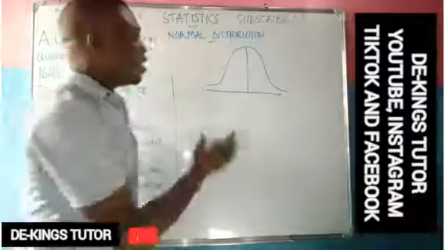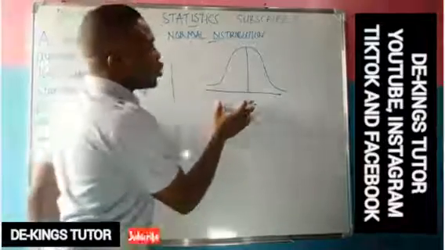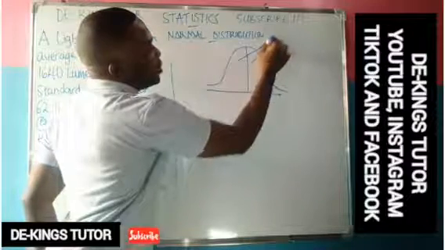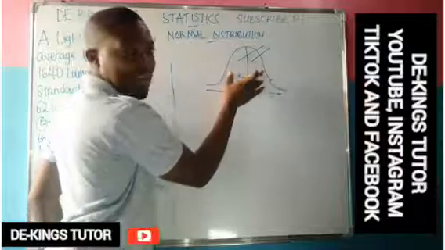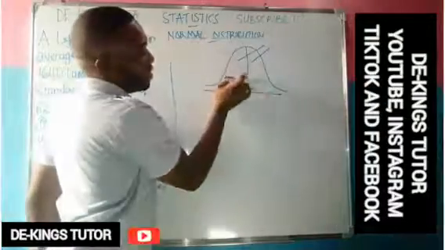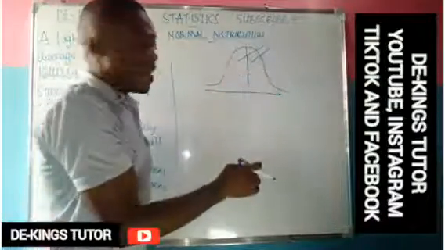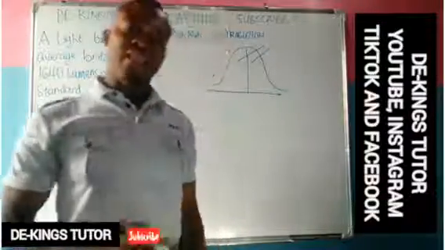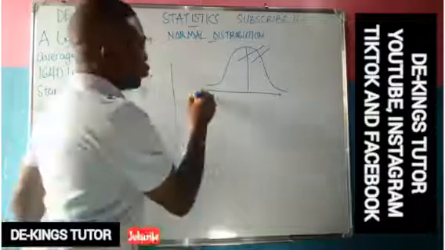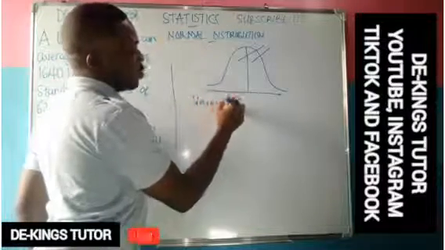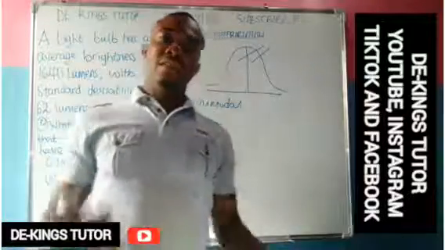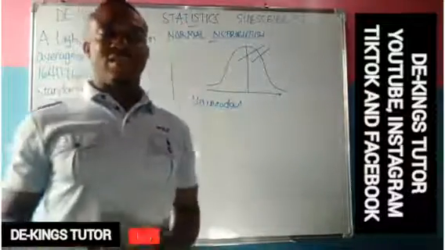Now the normal distribution has a symmetrical half, which is these two parts, because it's divided into two equal halves, this part and this part. Another property of the normal distribution is that it is unimodal, in the sense that the value of the mean, the median, and the mode are exactly the same.